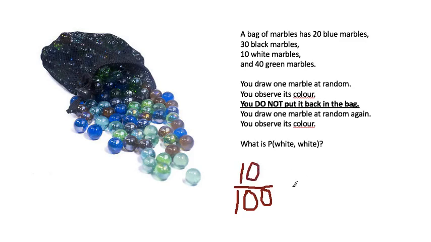But then, on my second step, I've taken a marble out of this bag, and it's not in there anymore. So the total number of possible outcomes isn't 100. There aren't 100 marbles. There's only 99 marbles.